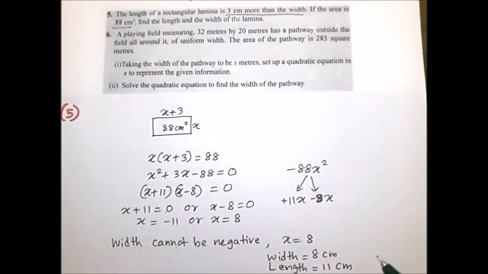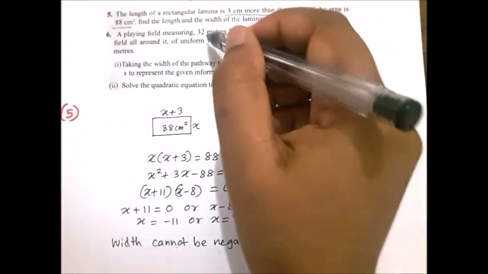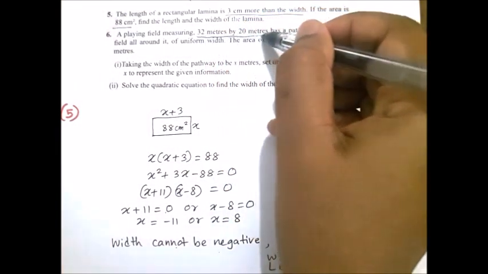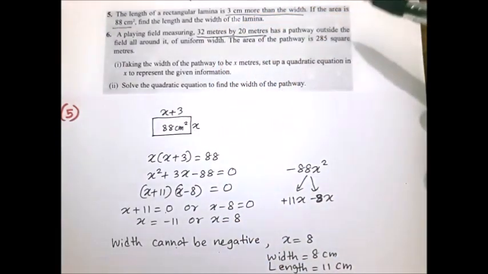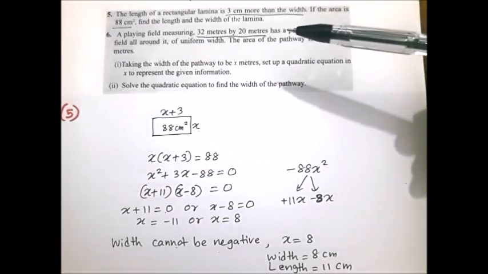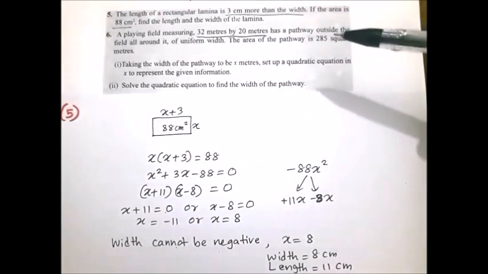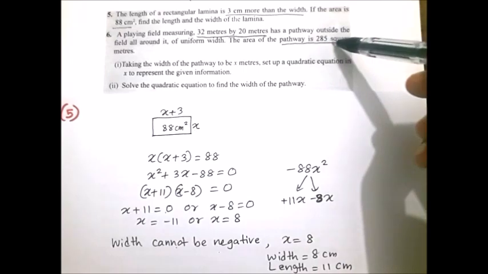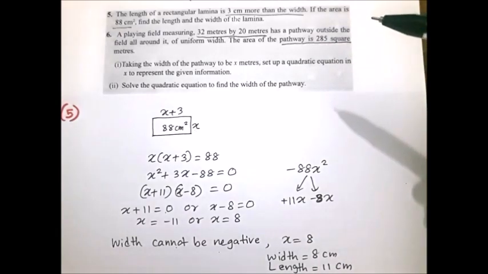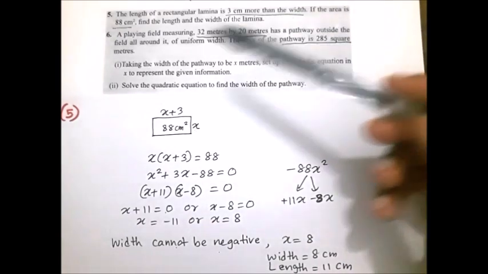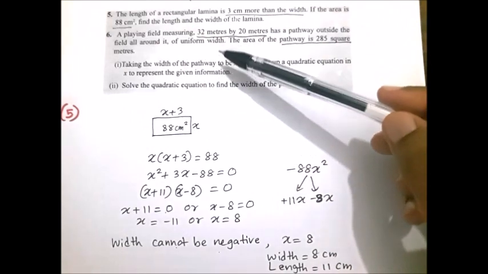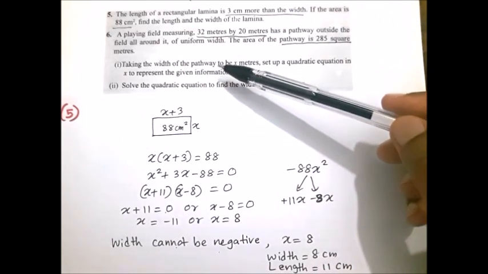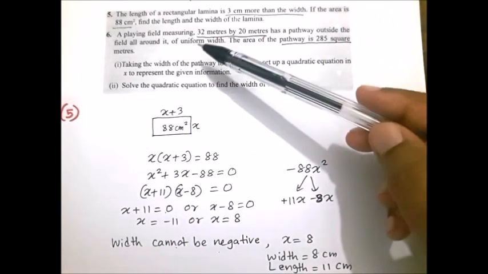Look at the 6th question. A playing field measuring 32 meters and 20 meters has a pathway outside the field all around it with a uniform width. Area of the pathway is 285 square meters. The question says about a rectangular shaped playing field. It is not mentioned here.